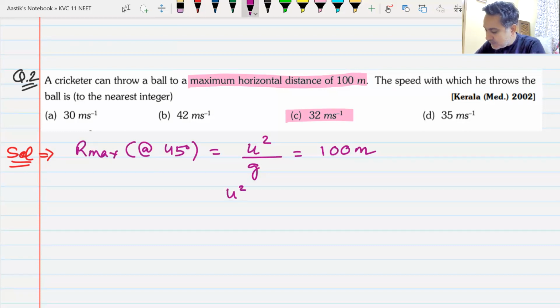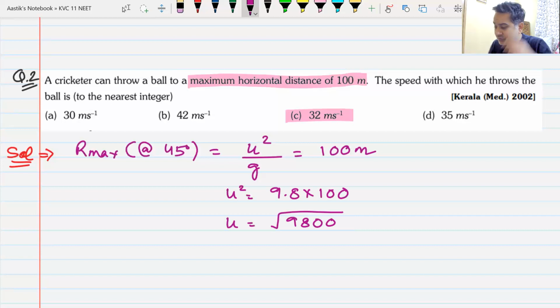So u square is g, 9.8, into 100. So u becomes the root of 9800. Now you don't have to actually calculate it. You can just see which is the nearest square to this. So it is 99, I guess. Yes or no?